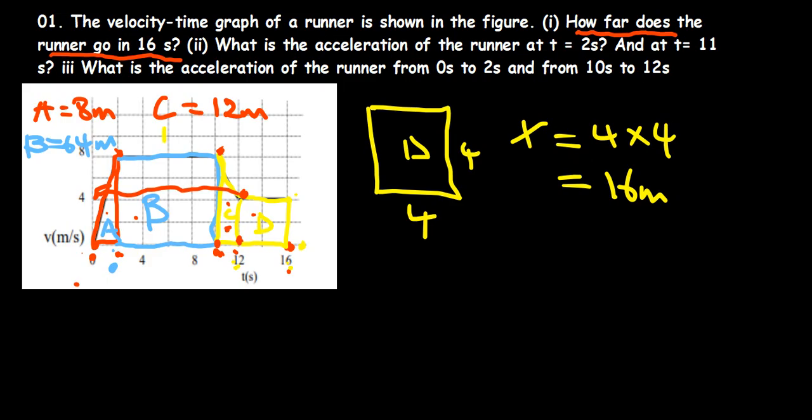So meaning we can find the total displacement after 60 seconds. So the total displacement is just equal to the displacement for A, which is 8, plus the displacement for B, which is 64, the displacement for C, which is 12, plus the displacement of 16.